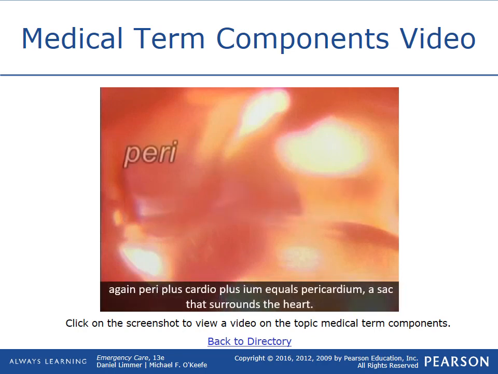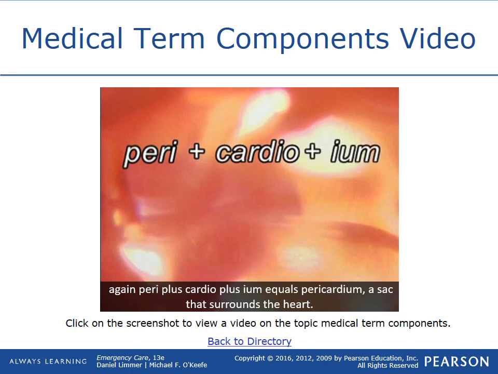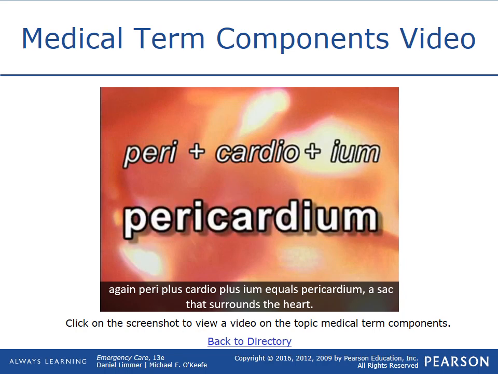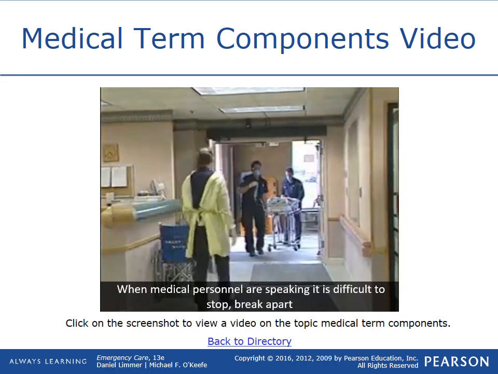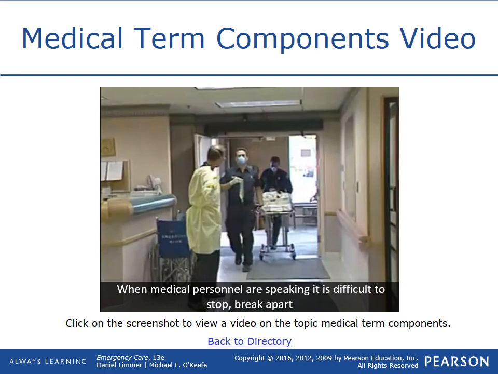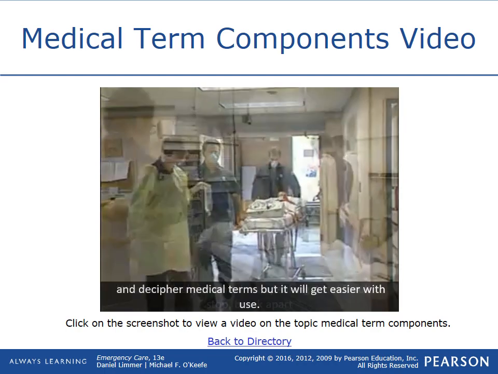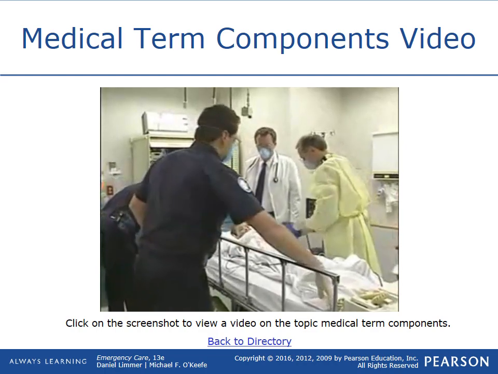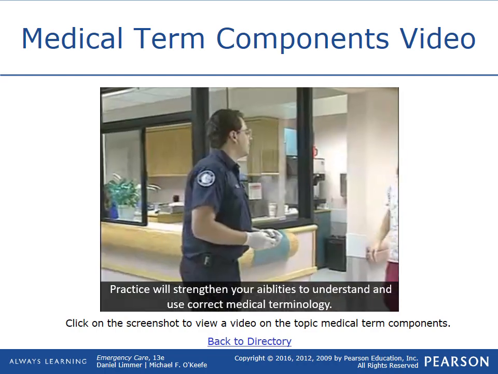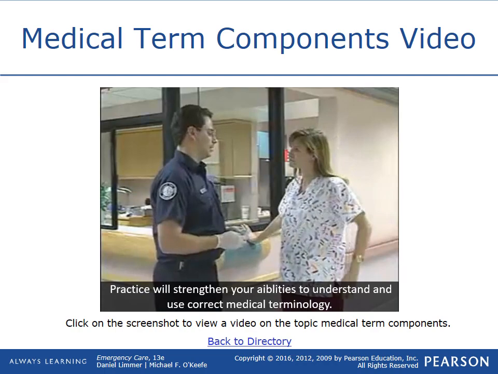Again, peri plus cardio plus eum equals pericardium, a sac that surrounds the heart. When medical personnel are speaking, it is difficult to stop, break apart, and decipher medical terms, but it will get easier with use. Practice will strengthen your abilities to understand and use correct medical terminology.